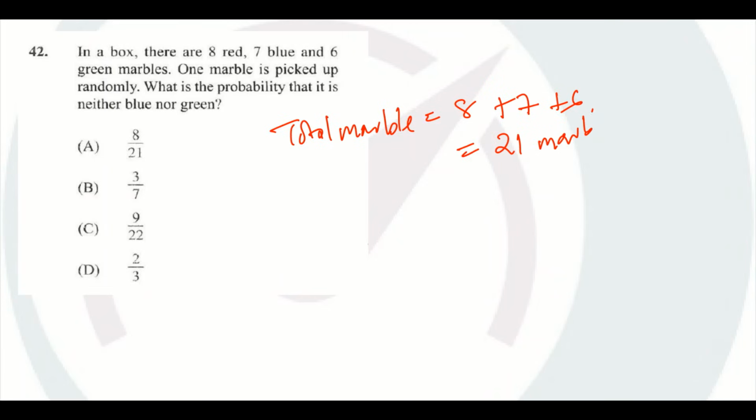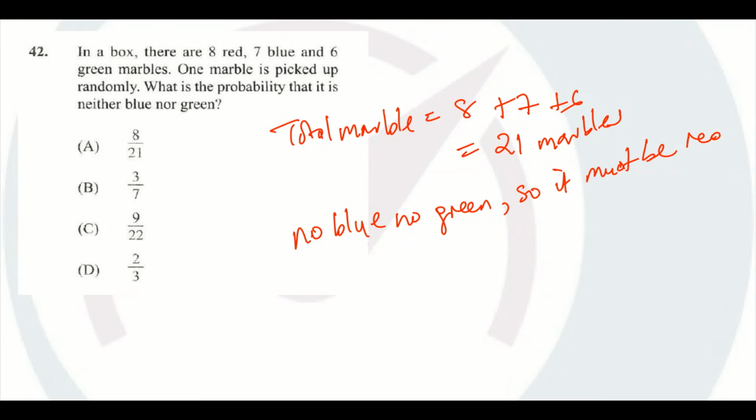Now if it's neither blue nor green, so no blue, no green, it must be red. And how many red marbles do we have here? 8. So the probability is going to be equal to 8 over 21. So our answer is going to be A.